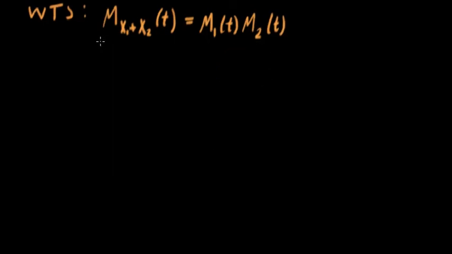Well, let's start from the definition. That is the expected value of e to the t times the random variable, which is x1 plus x2.